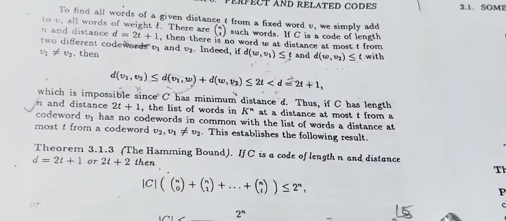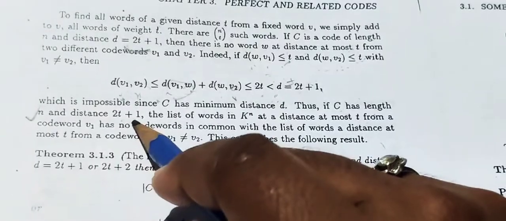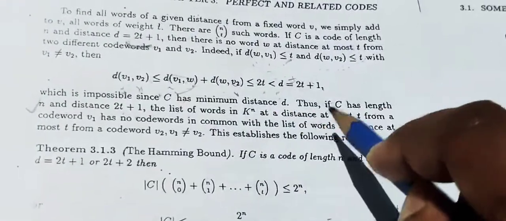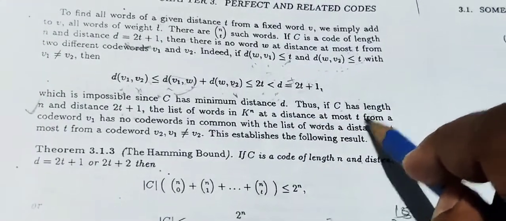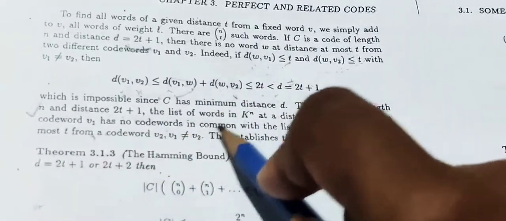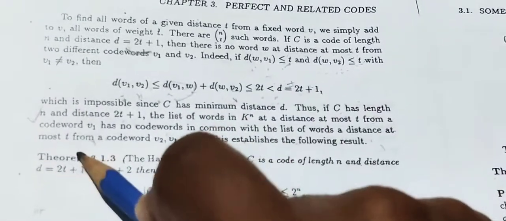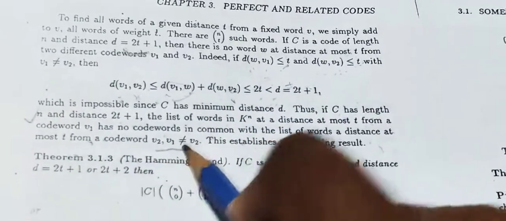So, if C has length n and distance 2t + 1, the list of words at a distance at most t from a code word V1 has no code word in common with the list of words at distance at most t from a code word V2. Clear?